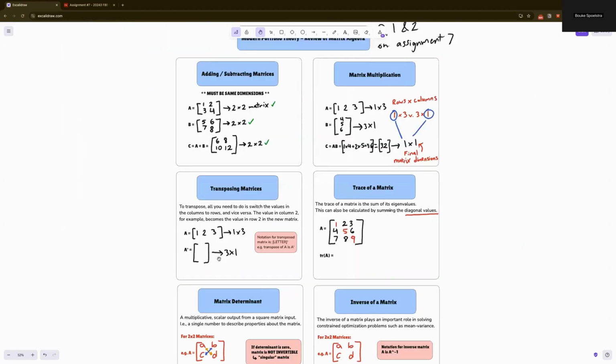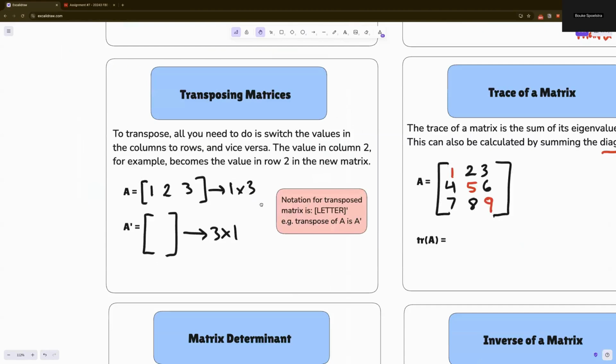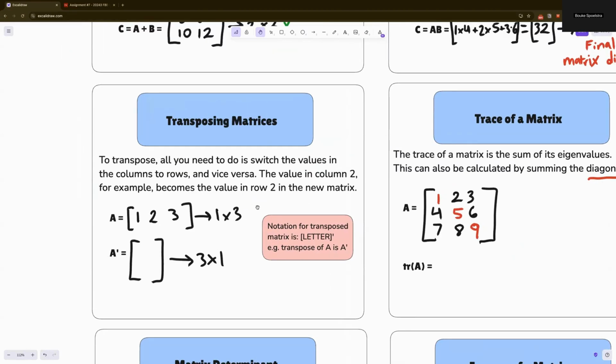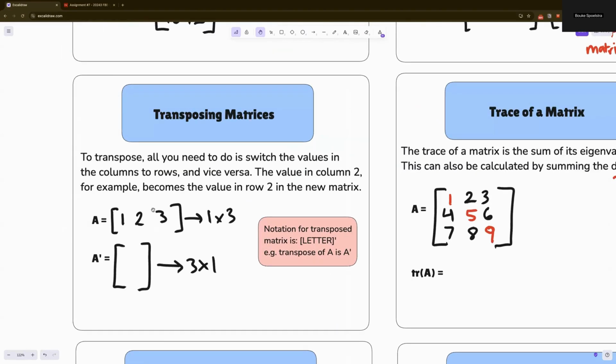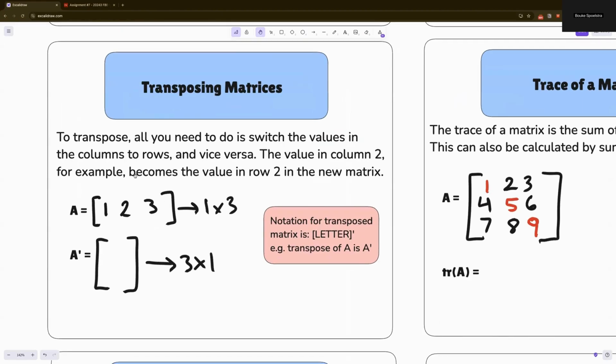I think I skipped a few actually. Let me go over those. Yeah, so the transpose of a matrix is essentially where the columns become rows and the rows become columns. So where you have a row vector 1, 2, and 3, the transpose would be a column vector of 1, 2, and 3.